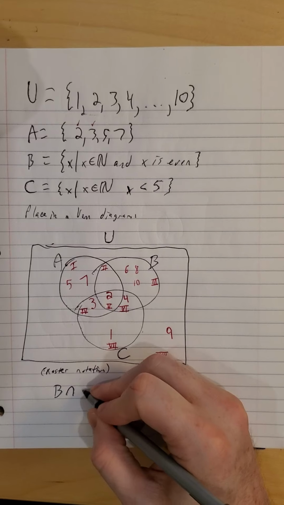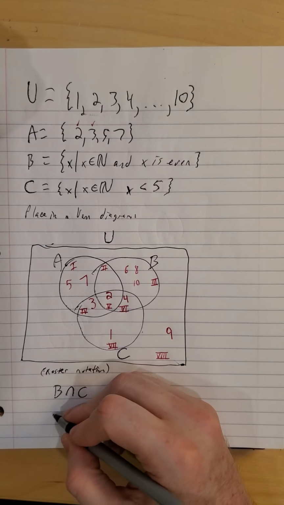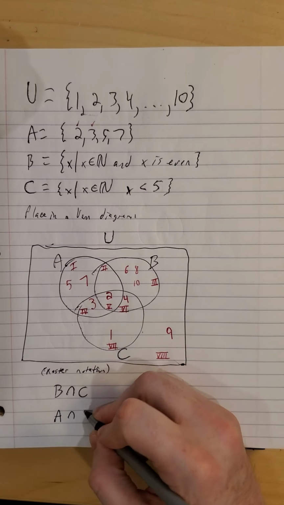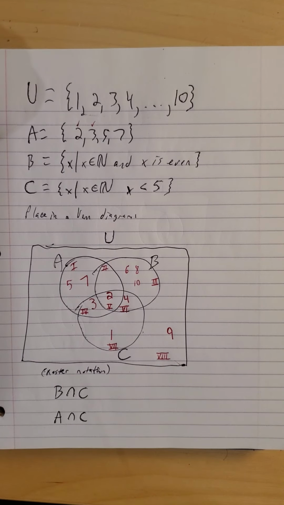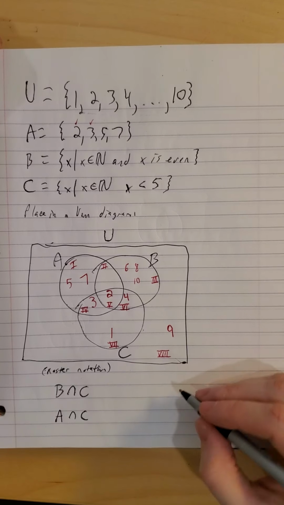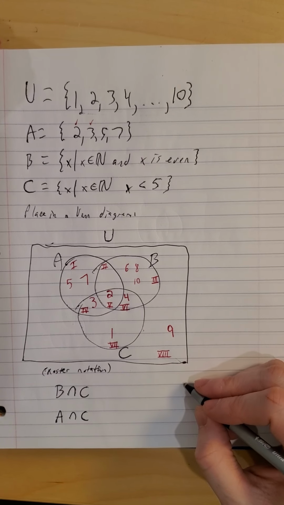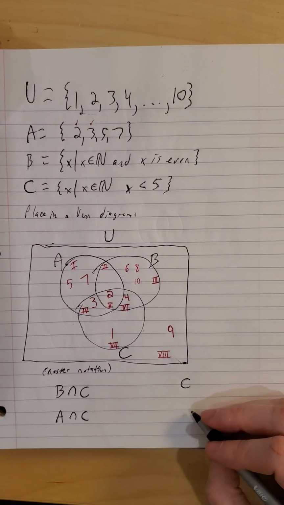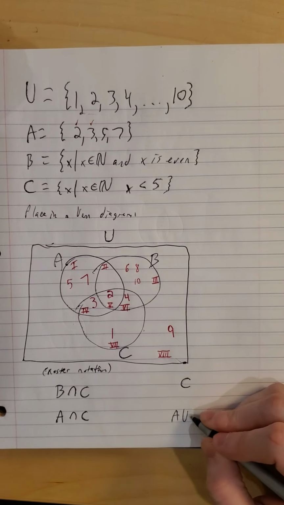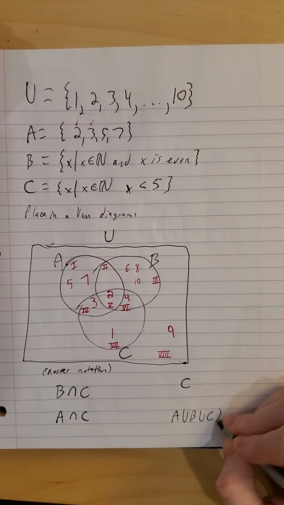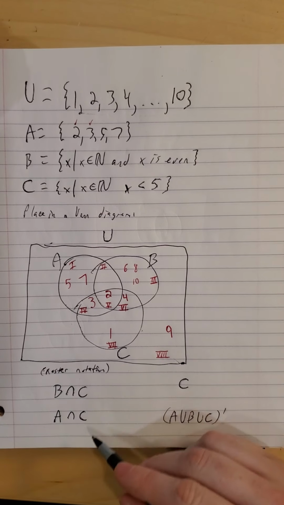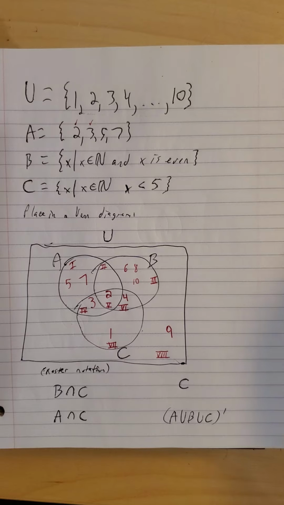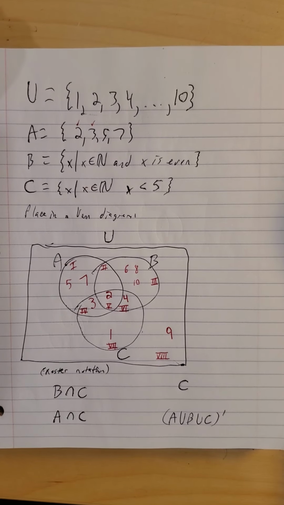We'll try B intersection C. We'll try A intersection C. We'll try elements of C and the complement of A union B union C. So see if you can form these 4 sets. Again, write them in roster notation. Go ahead and pause it. Unpause it when you're done.